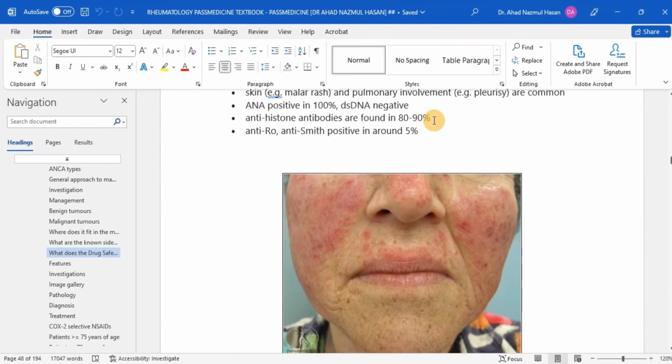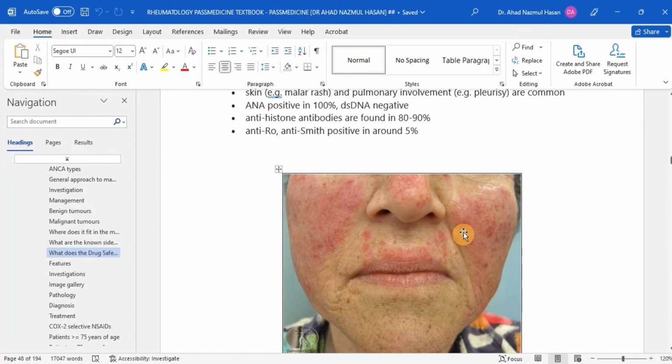What's the diagnosis here? Drug-induced lupus. Is it lupus or acne rosacea? Lupus. How to differentiate? Nasolabial fold. Yeah, exactly.